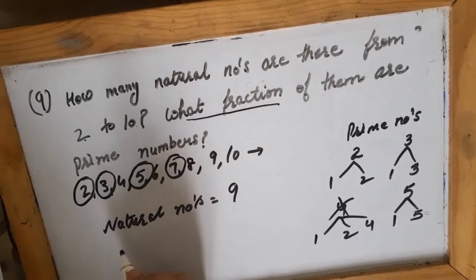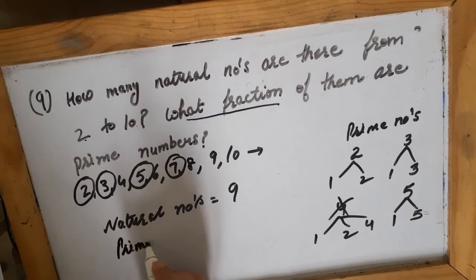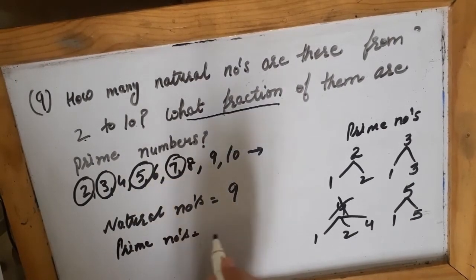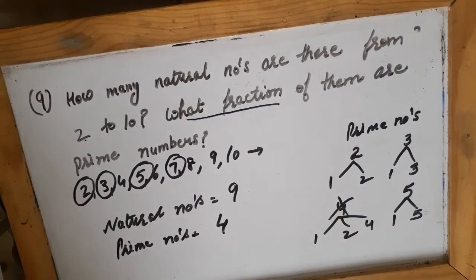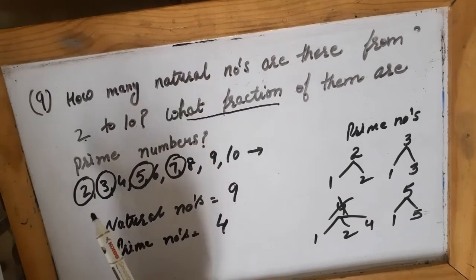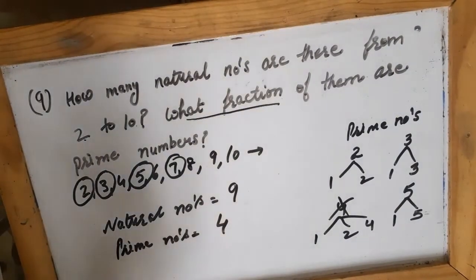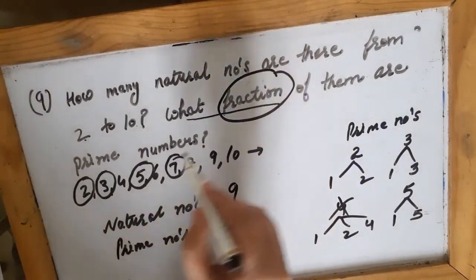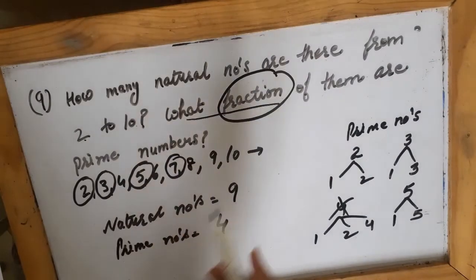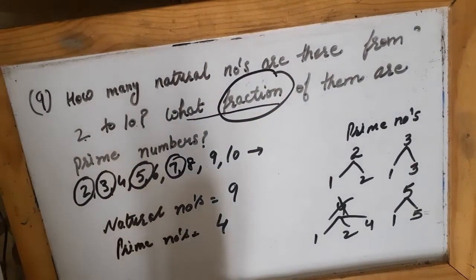No. So how many prime numbers are there from 2 to 10? There are 4 prime numbers, 1 2 3 4. And how many natural numbers are there from 2 to 10? It's 9. And they are asking what fraction the prime numbers make of these natural numbers from 2 to 10. So I told you what a fraction is.